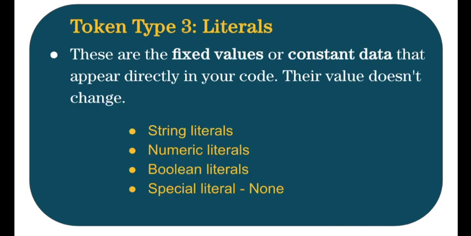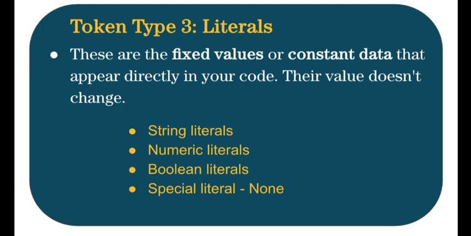Literals. These are the fixed values or constant data that appear directly in your code. Their value doesn't change. These are the actual and direct values you put into your code, like the numbers you want to add or the text you want to print.